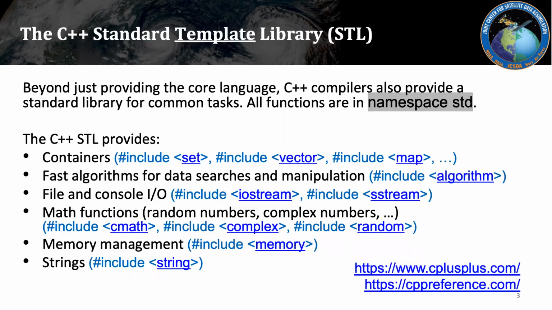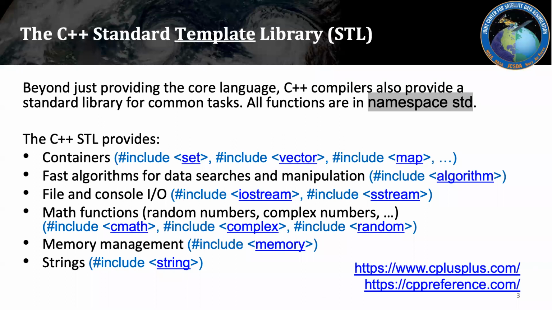So C++'s standard library is called the standard template library, and I'll explain what that means and show many examples. But basically, this STL, as it's abbreviated, is built into every C++ compiler, so you always have it available. It is a very large library, and the majority of functions and classes are actually built in templates in some way or another.